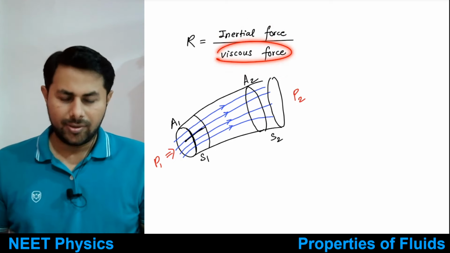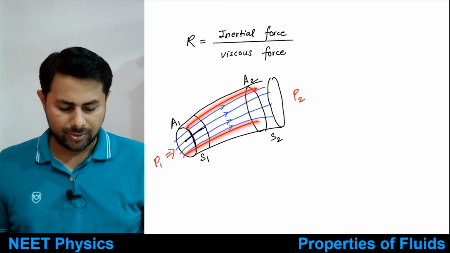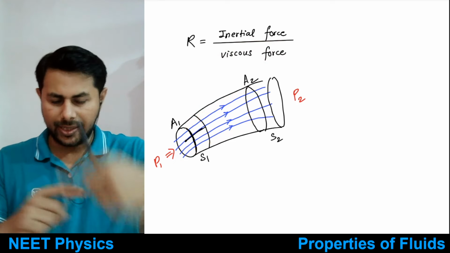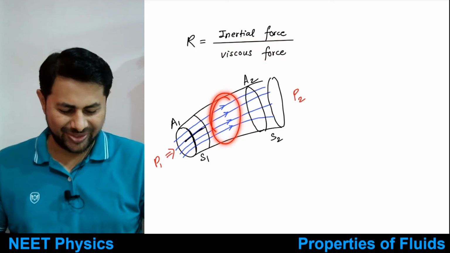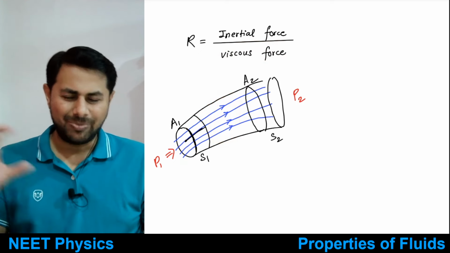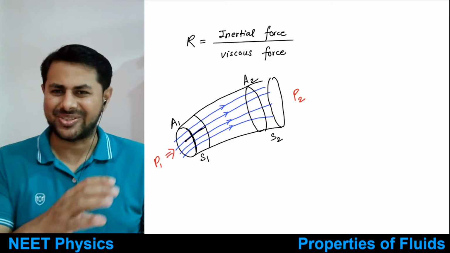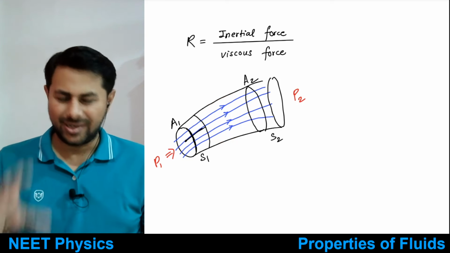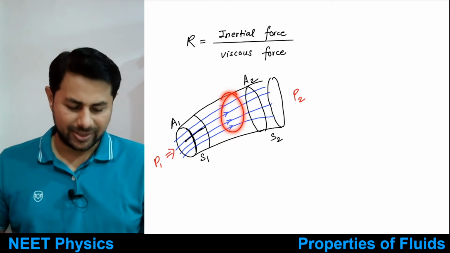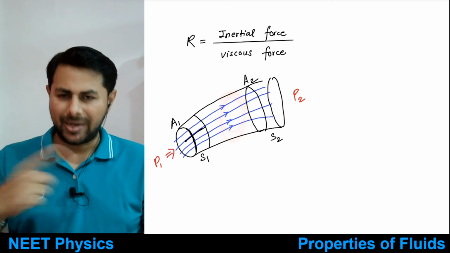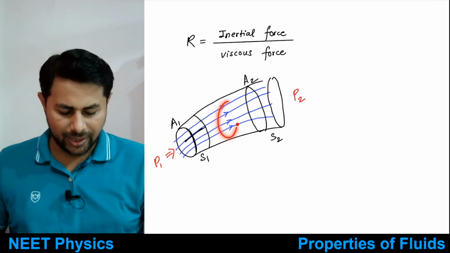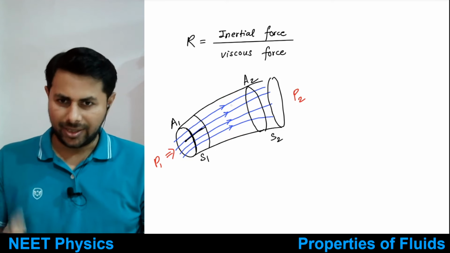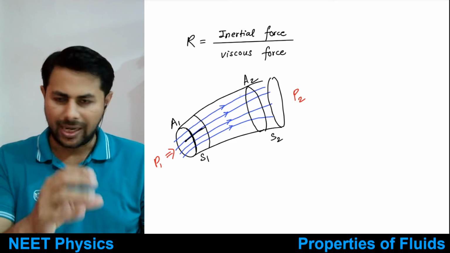So different layers. See, the first layer, meaning the layer which is in contact with the pipe, moves with the slowest velocity. The layer of the liquid that is in contact with the pipe moves with the lowest velocity. The layer which is in contact with that layer will move with a little bit higher velocity.